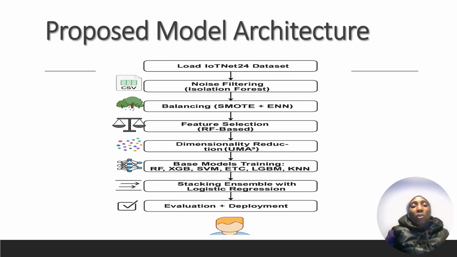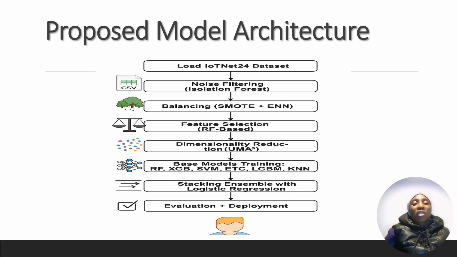So this was our proposed model. We loaded our IoT Net 24 dataset. Then we did preprocessing by removing noise from the dataset. The dataset was not balanced, so we decided to balance it by using the SMOTE technique. Then we did feature selection with random forest based feature selection.